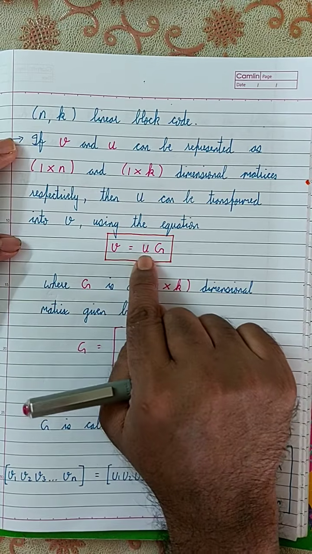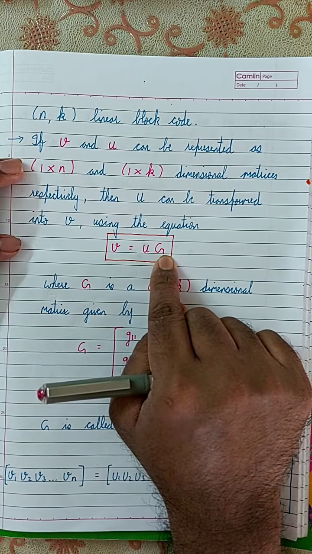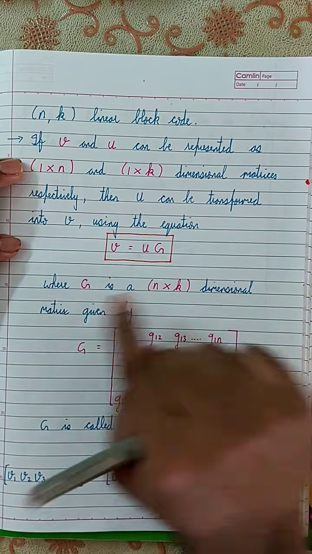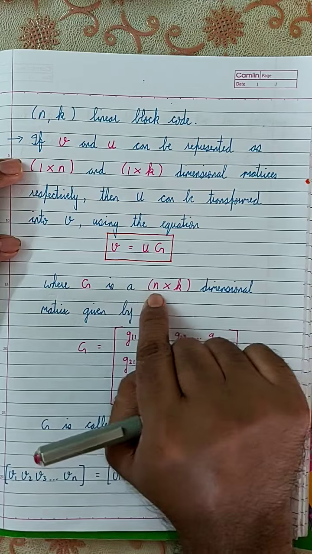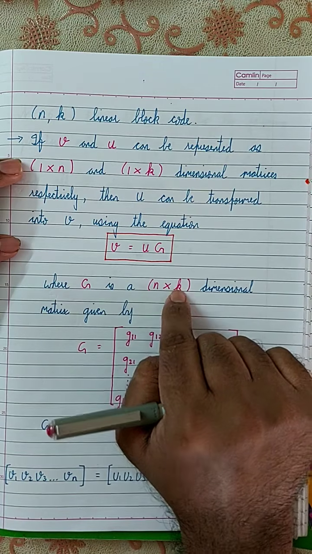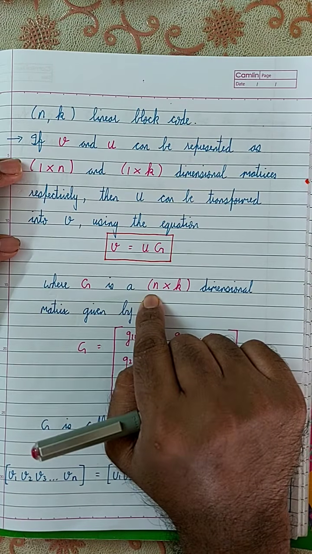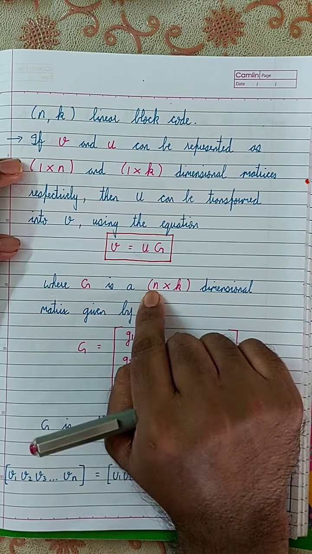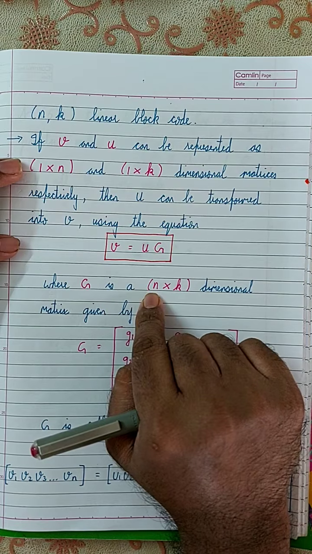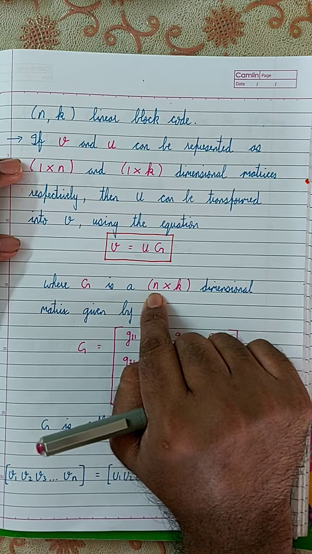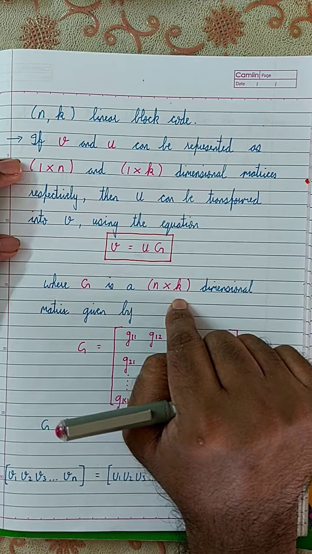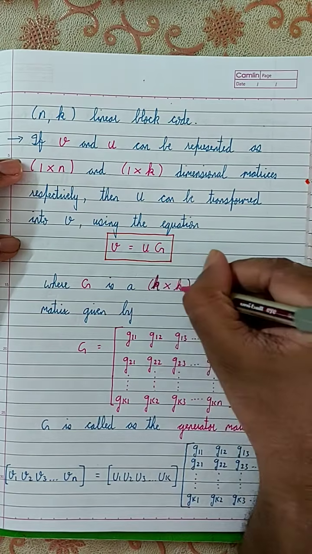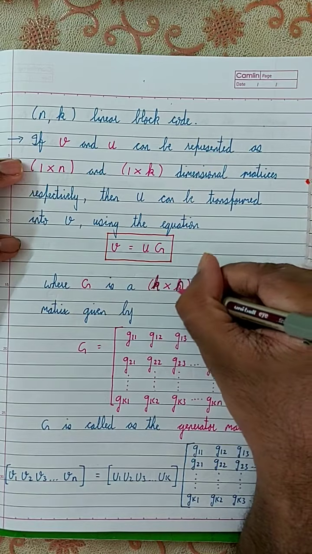So V = U G, where G is a matrix of dimension n by k. n represents the number of output bits and k represents the number of input bits. Sorry, I made a mistake. It is k by n.